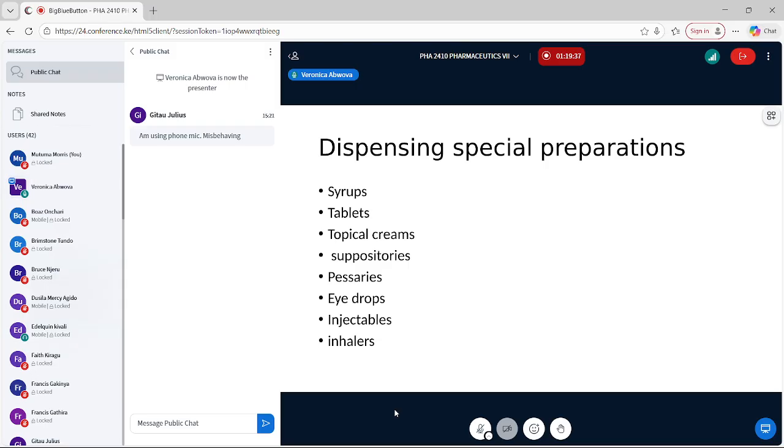Is there anything you know about this group of patients that you can take advantage of during your dispensing? Nobody knows anything about people who are blind.